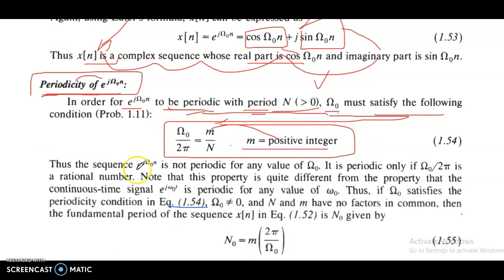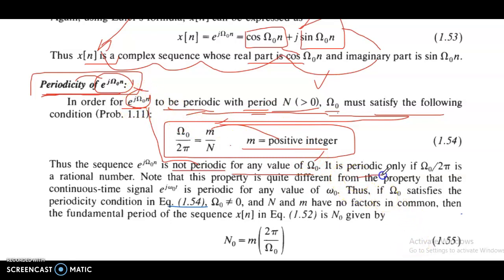Thus the sequence e^(jω₀n) is not periodic for any value of ω₀.